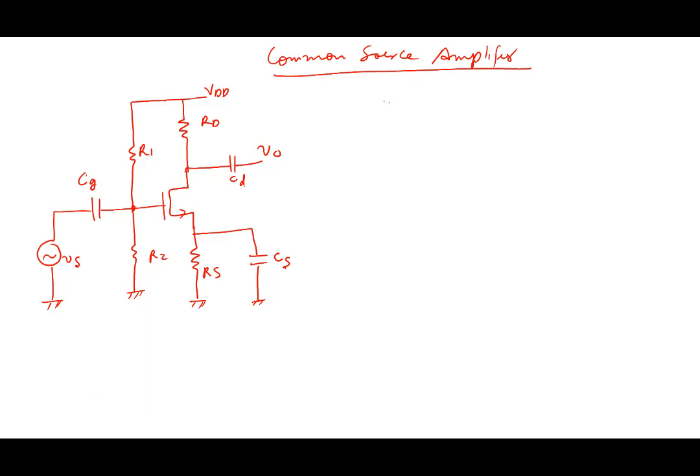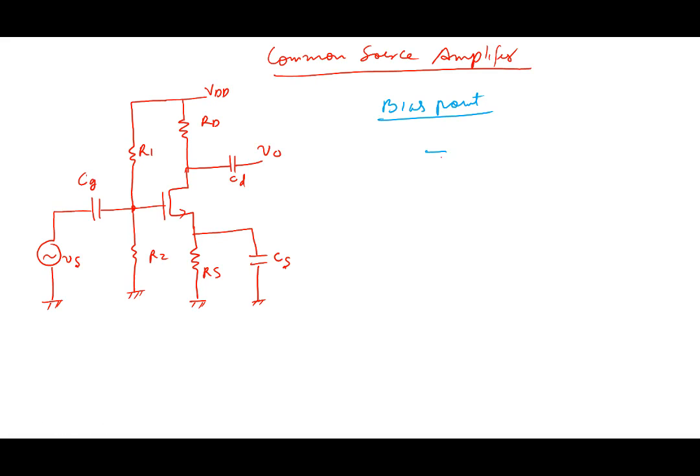So as usual, you'll do the bias point analysis, which we've already done. The goal is to find out what is ID and what is VDS. IDSQ if you want, quiescent point or bias point, IDSQ, and you want to find out VDSQ.